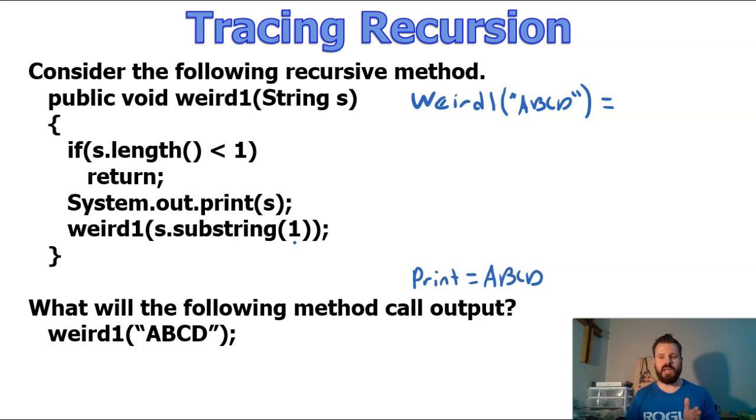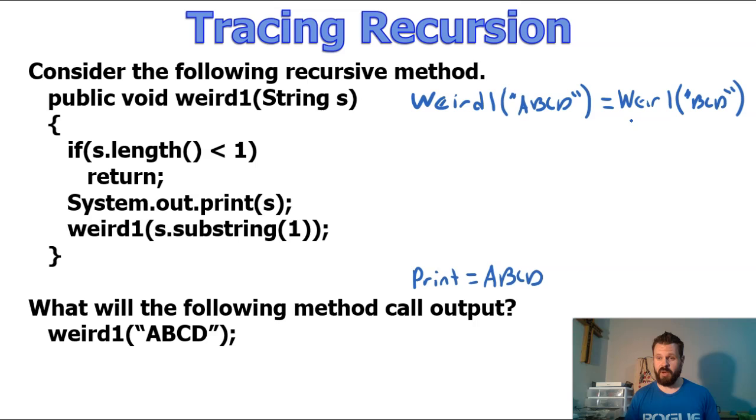So in other words, starting at index 1, going through the rest of the string, we're going to lose the first index of that string. So weird1 is going to give me weird1 of BCD, because the substring starting at index 1 going the rest of the way of ABCD would be BCD.